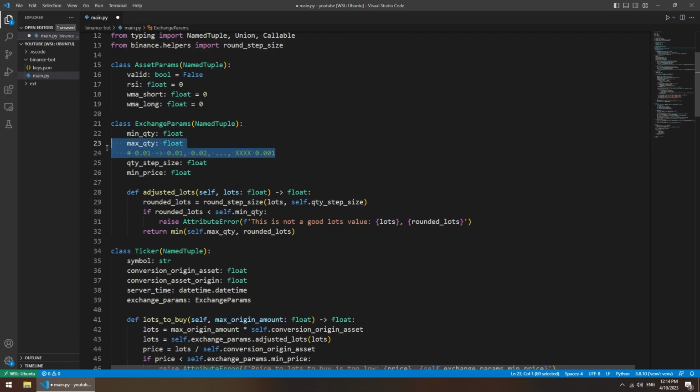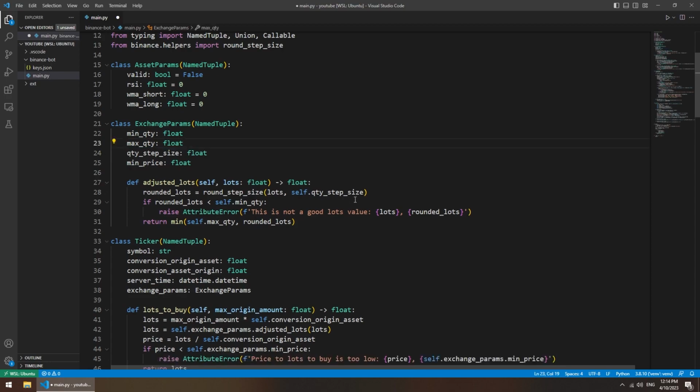This is too small. Okay, and we also defined a function named adjusted lots, which gets the lots or quantity. Lots is the official name that Binance uses, but quantity is a more friendly name. And we adjust it according to the rules that the exchange has. The first thing we do is round the lots to the granularity of the exchange params.